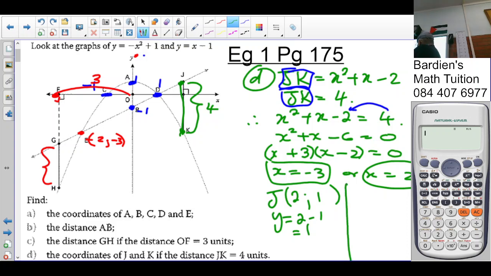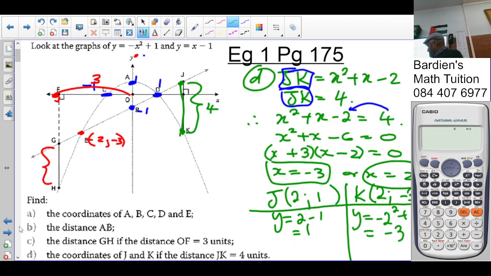We know K is going to be 2 and some y value, not so? So how do you calculate the corresponding y value? You say y is equal to negative 2 squared plus 1, which is negative 3. So there's your J and your K.